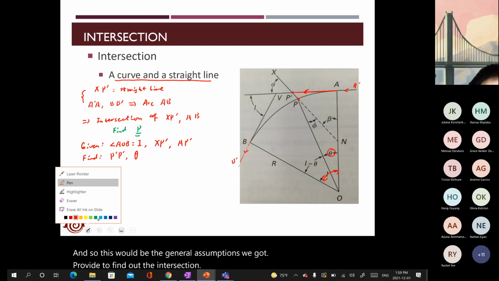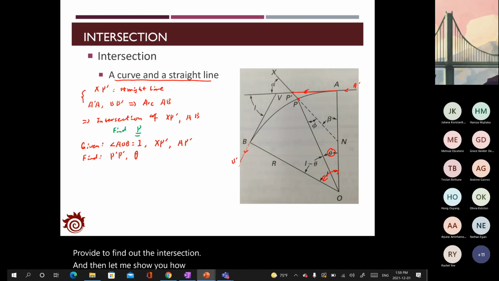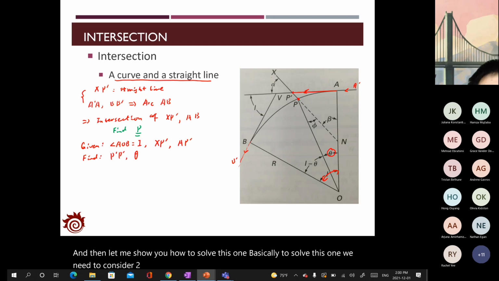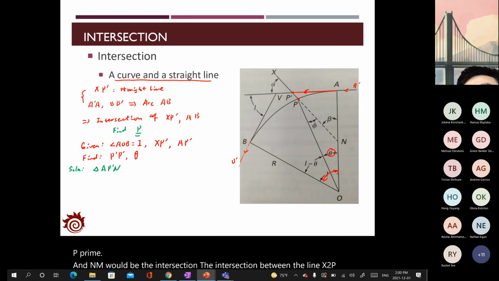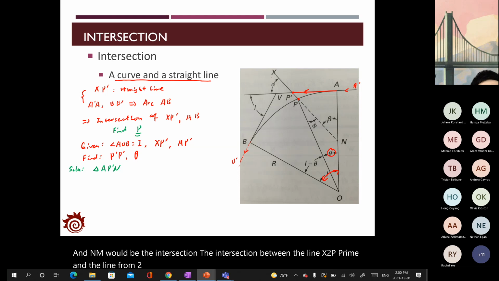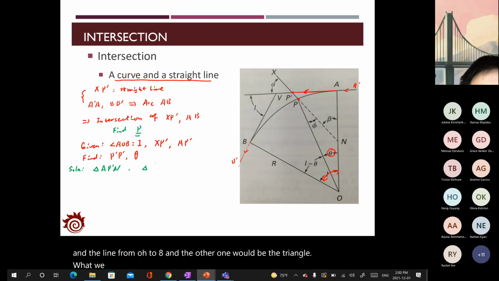And then let me show you how to solve this one. Basically, to solve this one, we need to consider two triangles. The first triangle is A P prime N. N would be the intersection between the line X to P prime and the line from O to A. And the other one would be the triangle OPN.